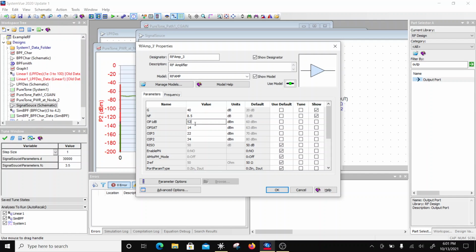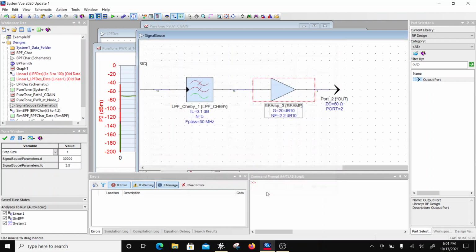Okay, let's put 52 here. And that would be 55. And that would be 64. And that will be roughly 74. Okay, so these are all analog blocks, right? This is not an RF block, so you can have large voltage ranges here. Anyways, the way to handle it is just to put in numbers like this.